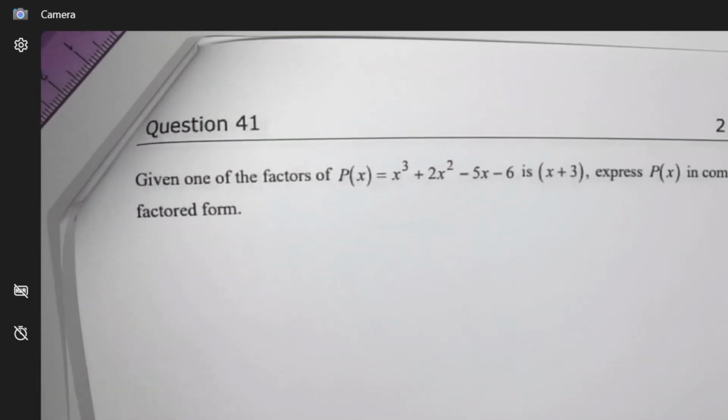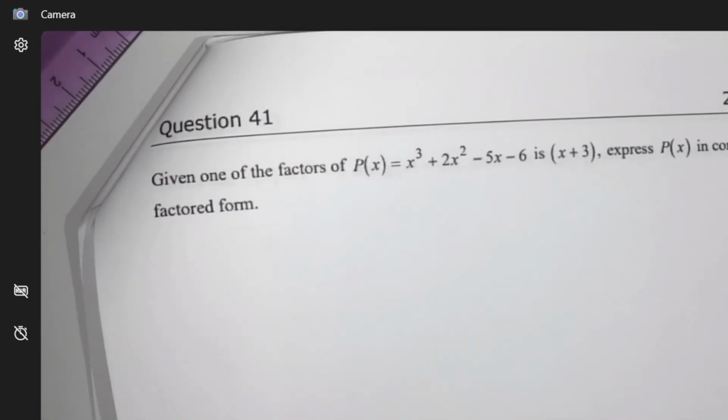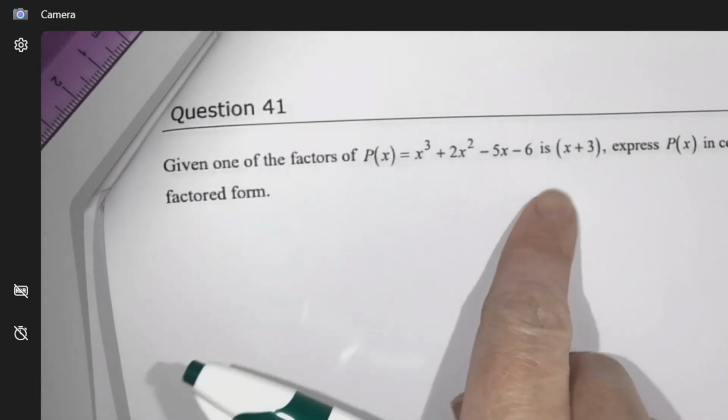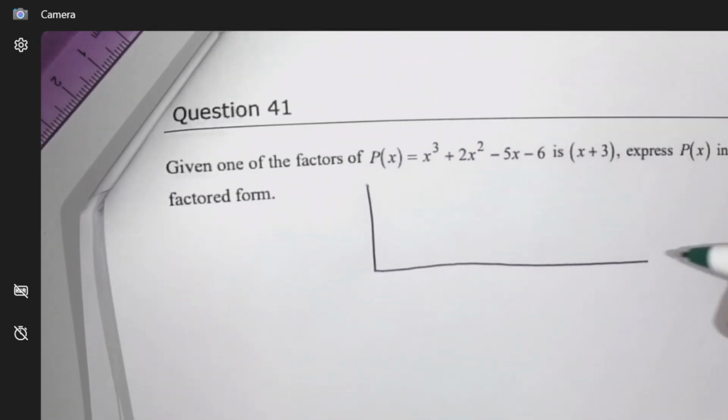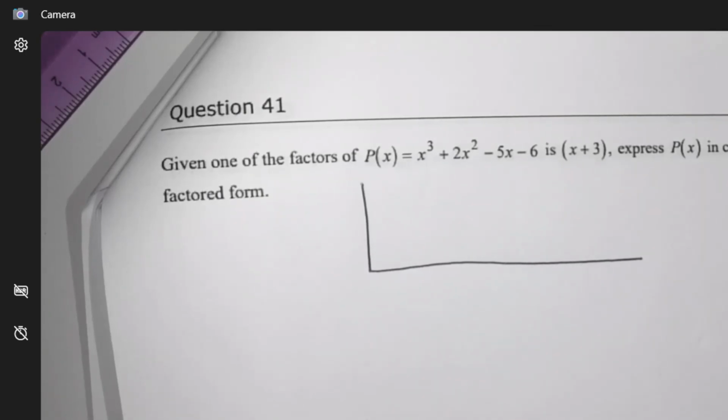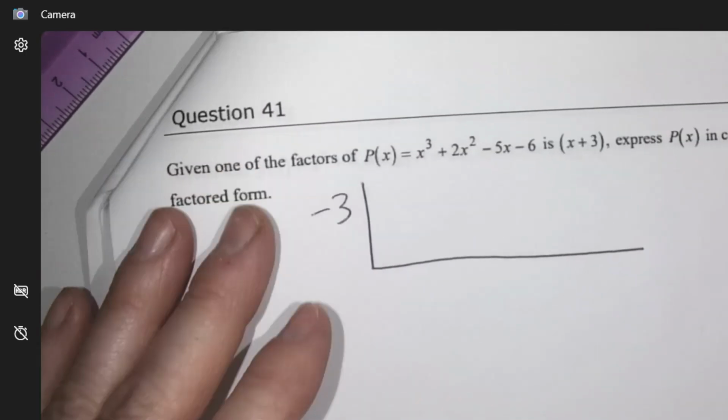Completely factor this equation. Okay, we were already told one of the factors was x plus 3. So you're going to synthetic divide. One of the factors is x plus 3, so the root number, negative 3.